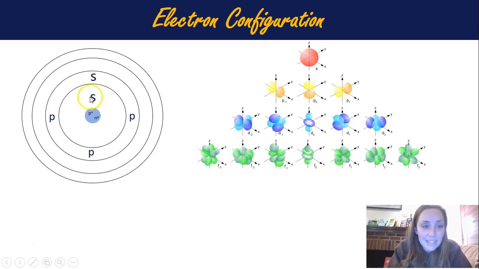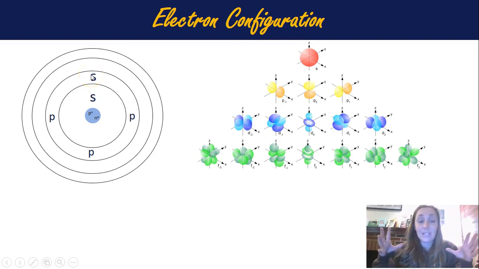Notice this S in the first energy level is different from this S in the second energy level. They have the same shape, but the second energy level S is larger. So you have an S spherical pattern in the first energy level and then a bigger S spherical pattern in the second energy level, which is a completely different orbital.